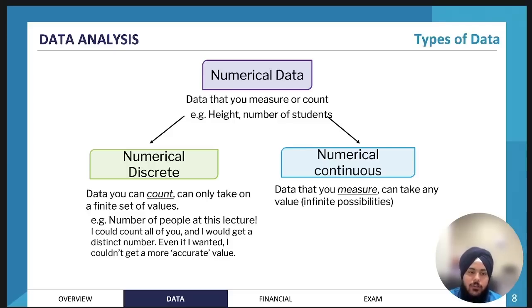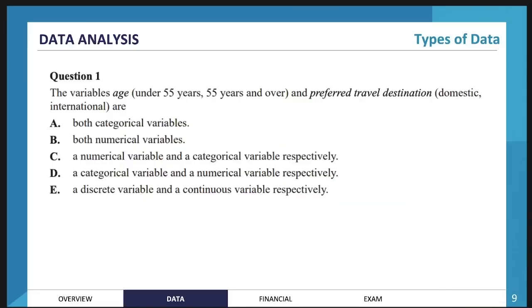Usually discrete numerical variables have a finite number of values, whereas numerical continuous variables have infinite possibilities, because your height could be 2 meters exactly, or it could be 2.000001 meters, for example. So that's the difference between numerical continuous and numerical discrete variables.